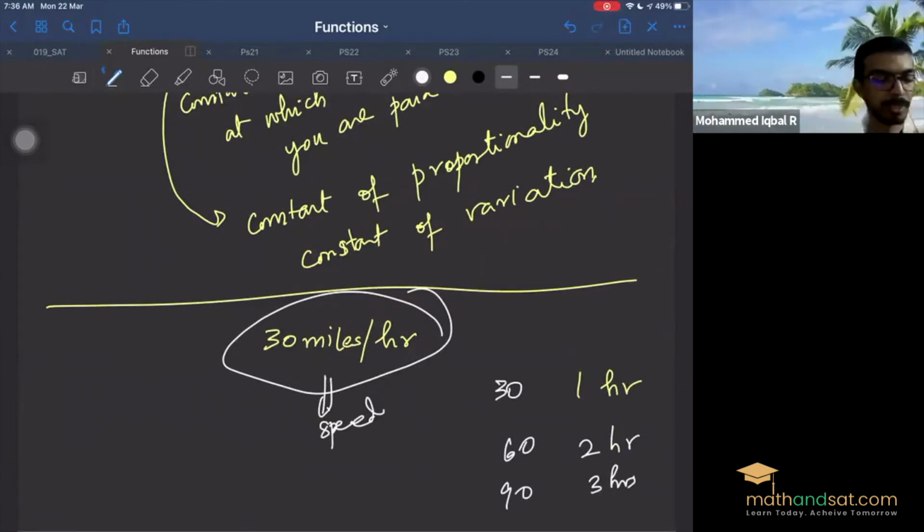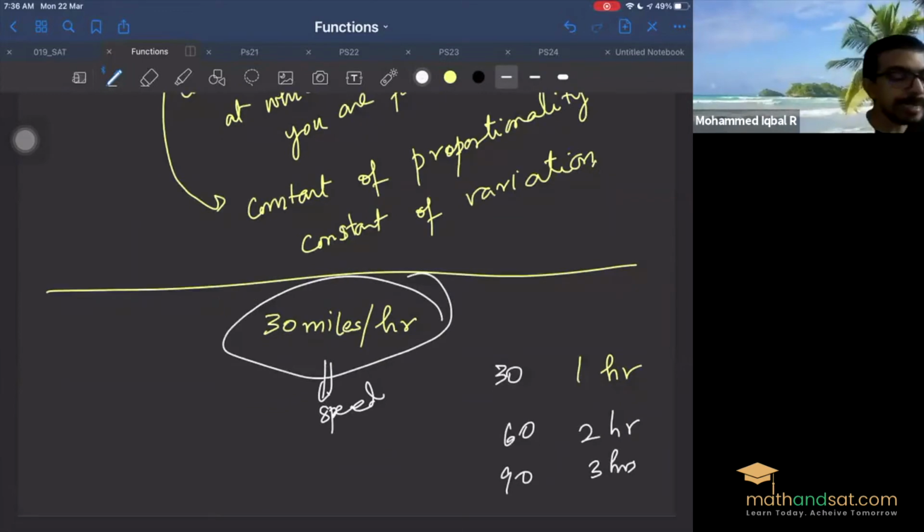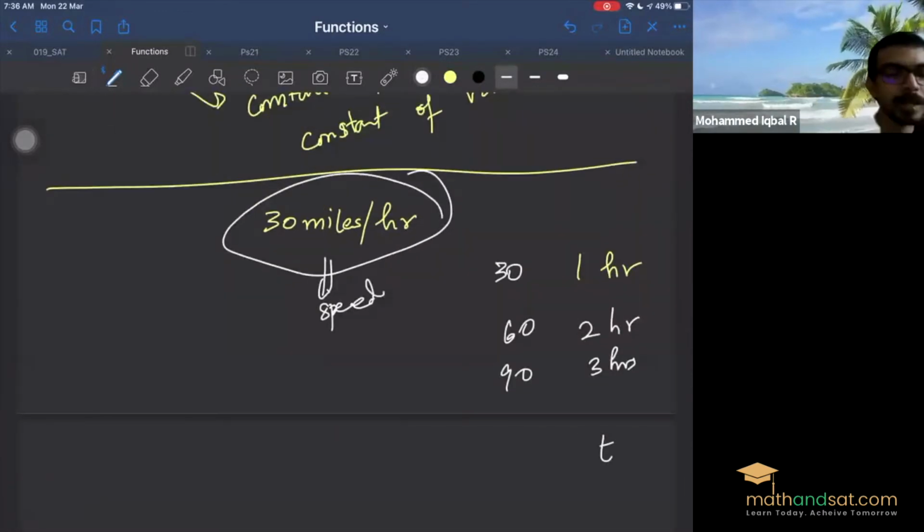Okay, so if I'm telling you in T number of hours, how much distance will you cover? T times 30, right? So this is going to be T times 30 or 30T. Both are the same.